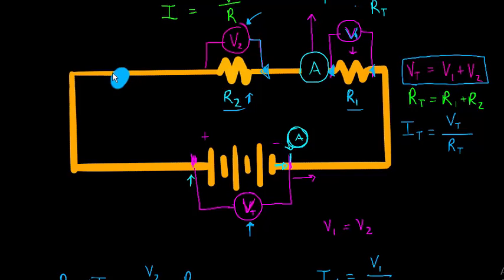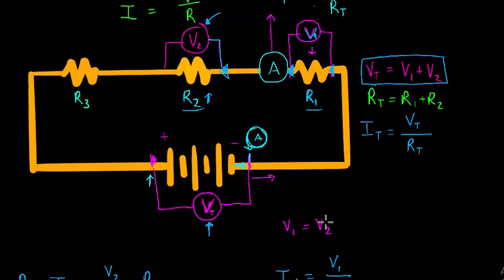In other words, adding one more resistor here, so this is resistor 3, and now my total resistance would simply be R1 plus R2, plus R3.